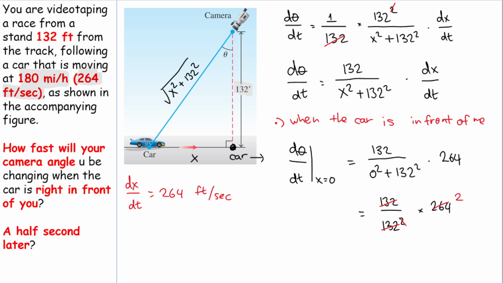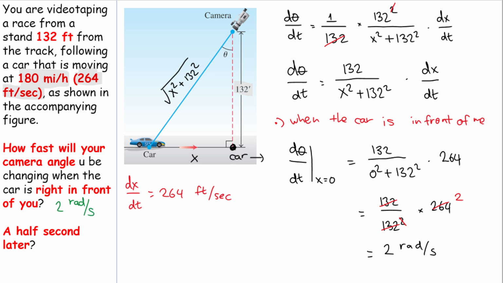And so I will have the speed of our camera angle, which is 2 radians per second. And that is the answer for this question here. I will have 2 radians per second.